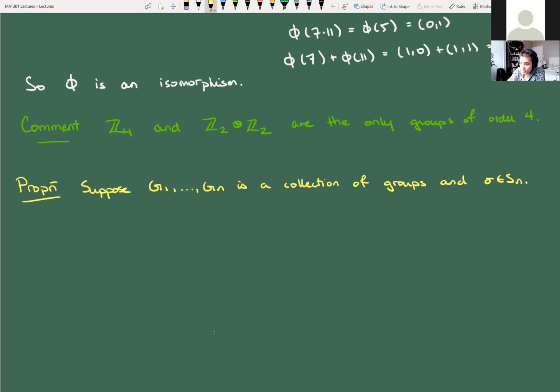Okay, and importantly, this is the same n. So this n that is enumerating the number of groups is the same as this n here. That's not a typo, that is very much on purpose.